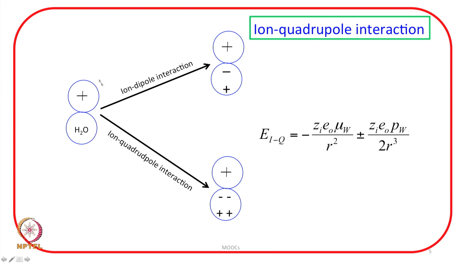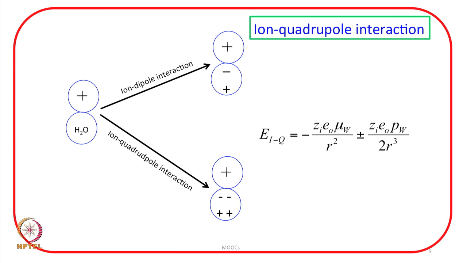So, here I have talked about the ion to make the discussion a little bit easy. That is, the interaction with the surrounding environment, the water molecule, becomes very, very important.